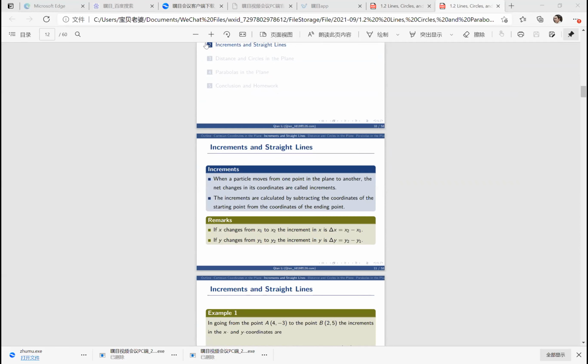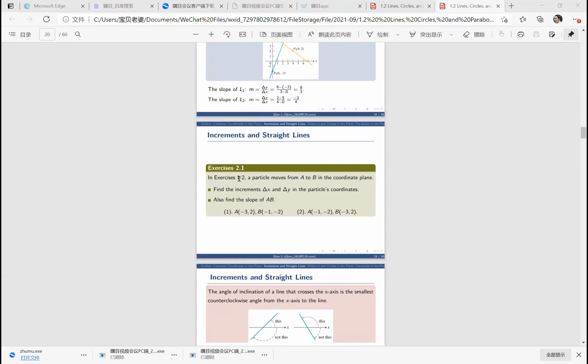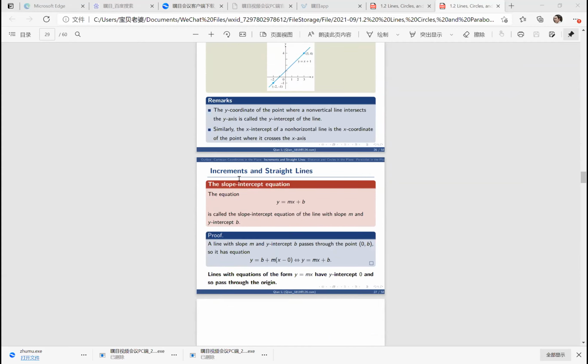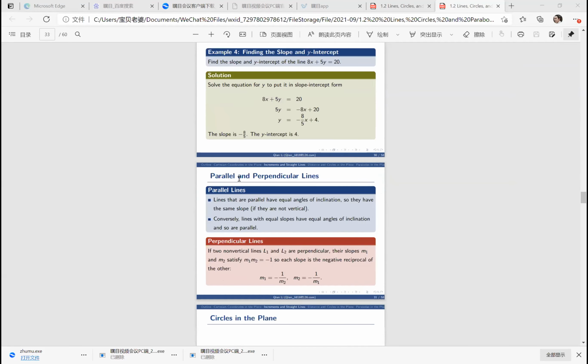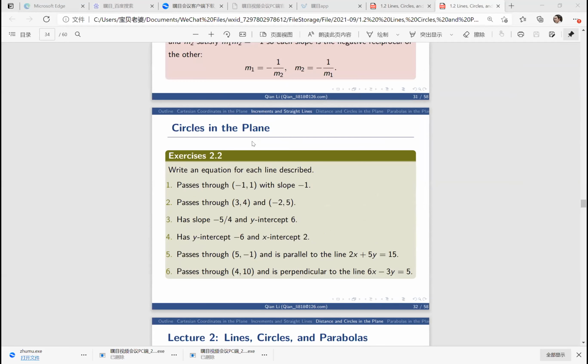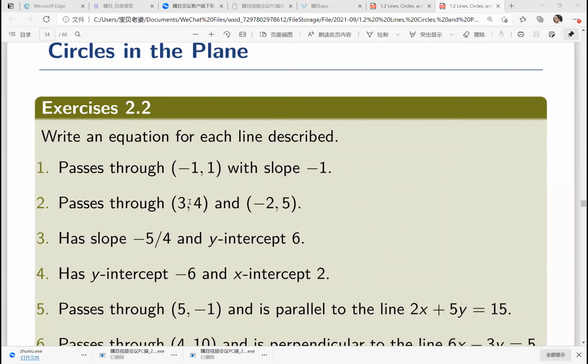Can you see my screen? Yes, Laoshi. But you cannot hear my voice. Yes, okay. I will give you 5 minutes to do this exercise. This exercise 1.